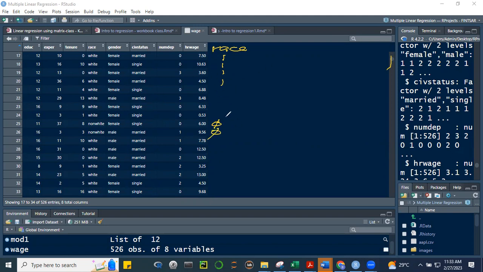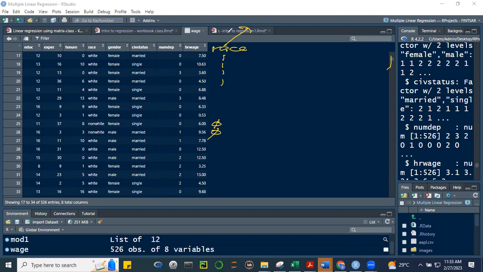So ilang dummy variable to? Isa lang, no? Isa lang to na dummy variable. Look. Because this one dummy variable was already able to account for all the values of your race. Diba? Accounted ba si white? Yes. Lahat ng 1, white yan. Accounted ba si non-white? Yes. Lahat ng 0, non-white yan.